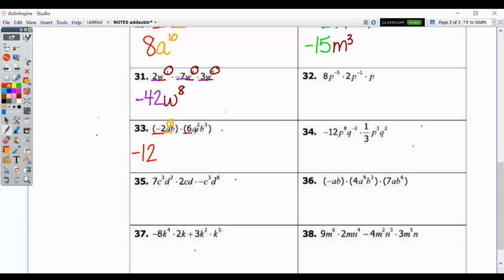That's what I have first. Times a to the second. So I'm going to have a, and then I add my exponents. 1 plus 2 is going to be a to the third. Then I'm going to look at the b. I have b to the first, and I have b to the third. So 1 plus 3 is 4, so I'm going to have b to the fourth. So your final answer will be negative 12, a to the third, b to the fourth.